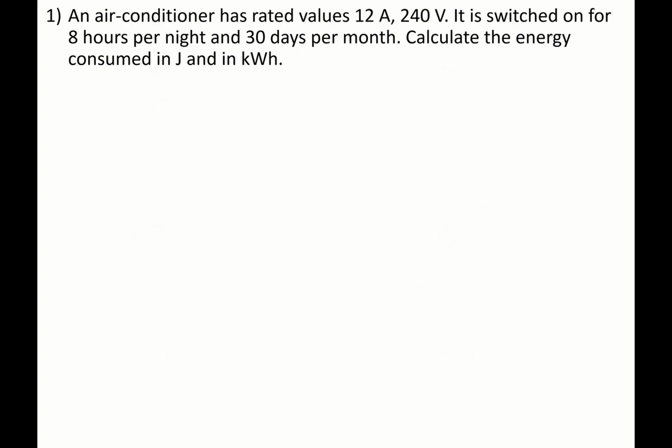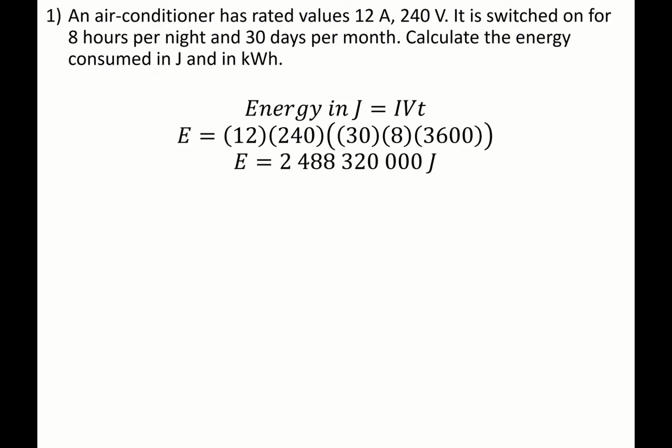Now, if I were to calculate the energy in joules, you use the formula E equals IVT, which is what you derived earlier on. I is your current, and the SI unit is ampere. V is your potential difference, and the SI unit is volts.